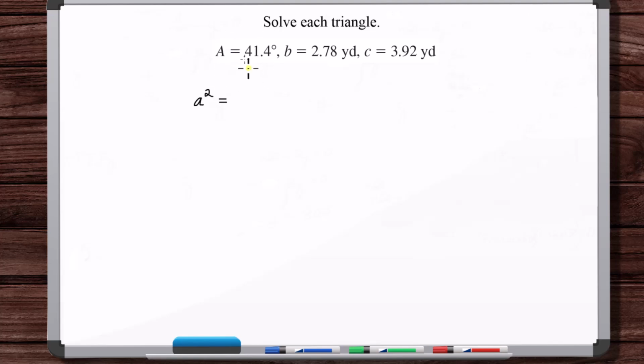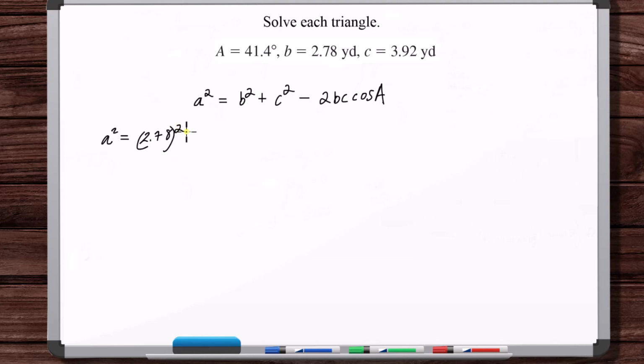Maybe you're solving for the unknown angle, but the side opposite the angle of the law of cosines equation that you're using is equal to, then you take the sum of the squares of the two adjacent side lengths to that angle, then you subtract from that 2 times the product of those side lengths, and then you multiply that times the cosine of the angle. That's it.